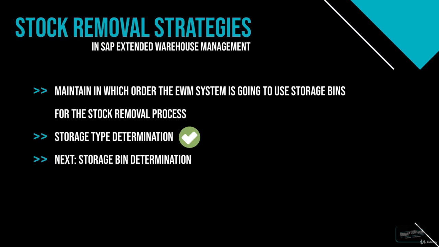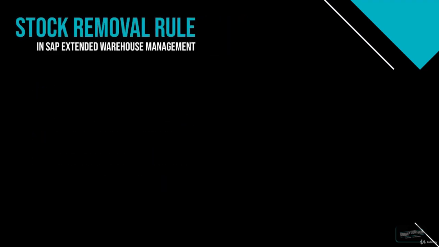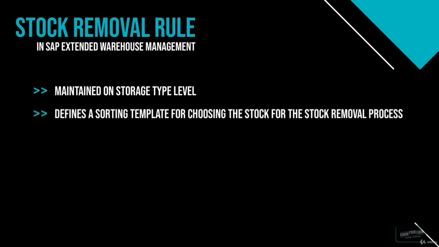And in charge of the bin determination is the so-called stock removal rule. The stock removal rule is maintained on storage type level, and it defines a sorting template for choosing the stock for the stock removal process.